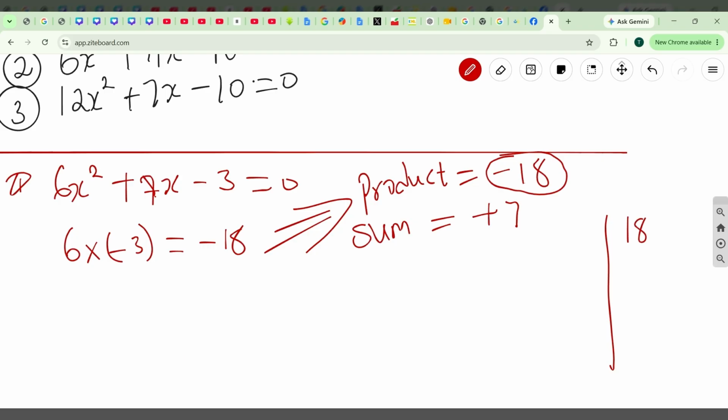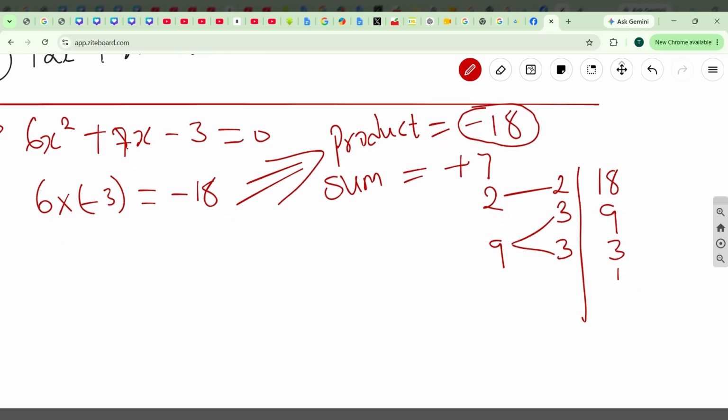I can use a division method: 2 can divide 18, and that's going to give me 9. Then 3 can divide 9, that's going to give me 3, and 3 divided by 3 gives me 1. Now I'm going to pair these numbers. 3 times 3 is 9, and I'm left with 2. So I know that the two numbers are going to be 9 and 2.